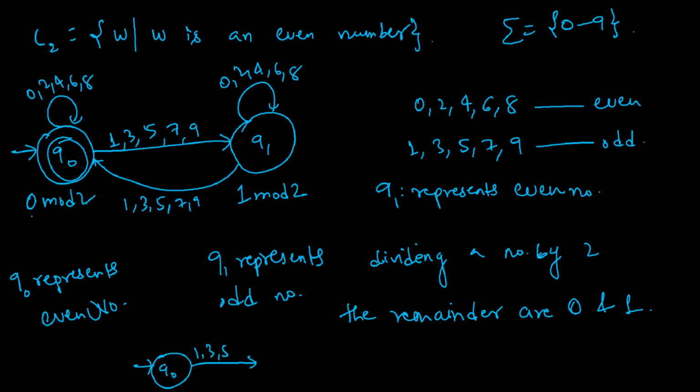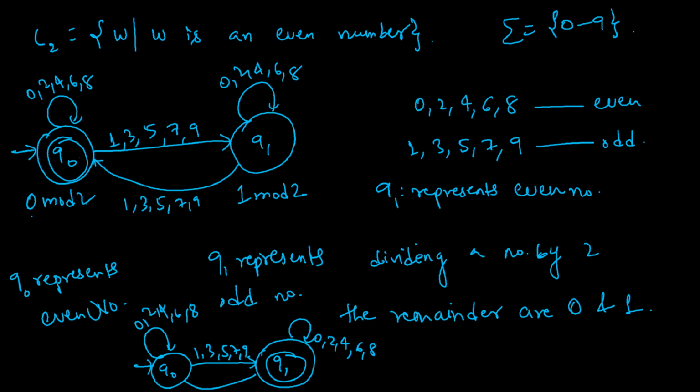On 1, 3, 5, 7, 9, make Q1 final. Then it will give W to be odd. Then it will accept when W is odd. Okay. Good.